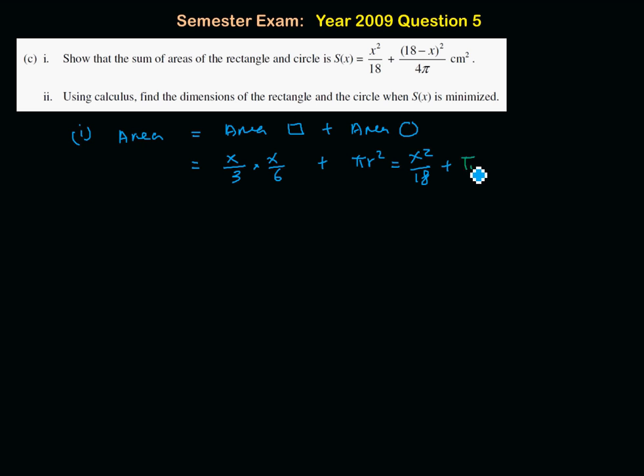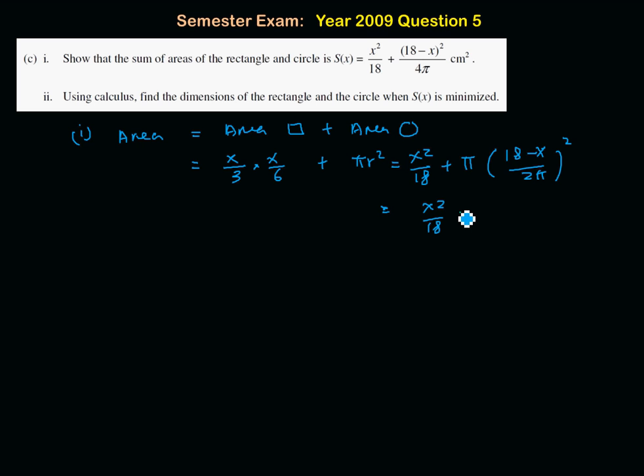We have shown that r is 18 minus x over 2 pi in part B, and rearranging this carefully, we have what we need.